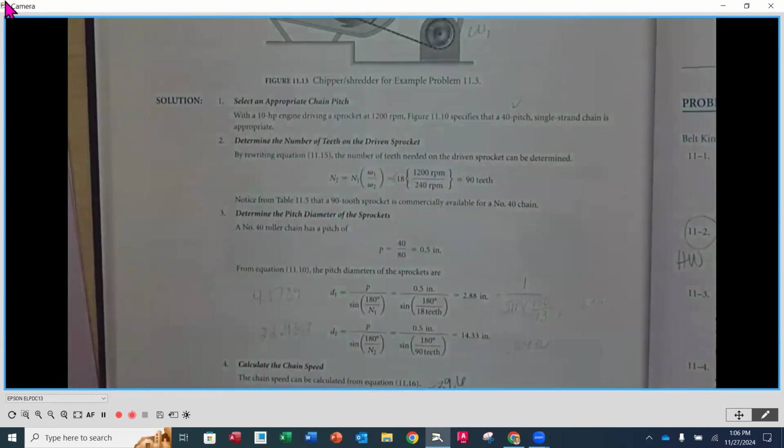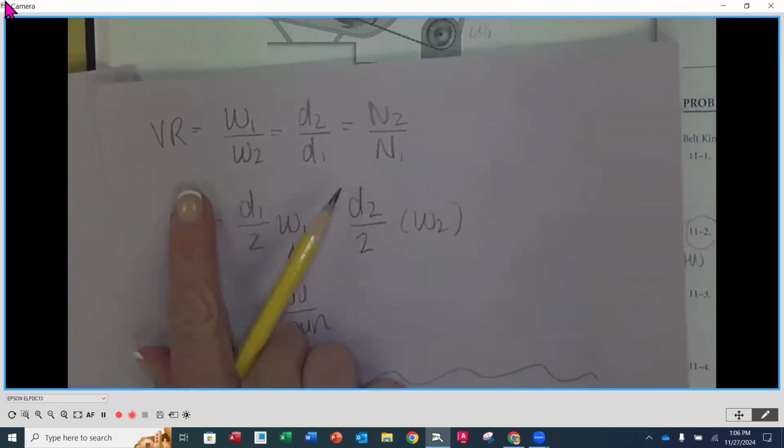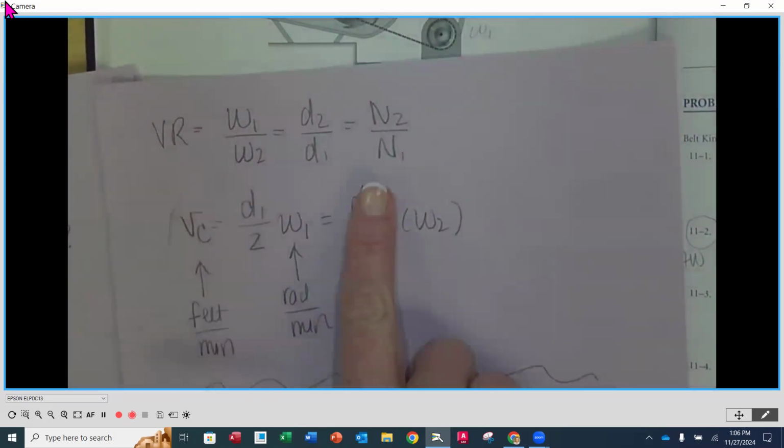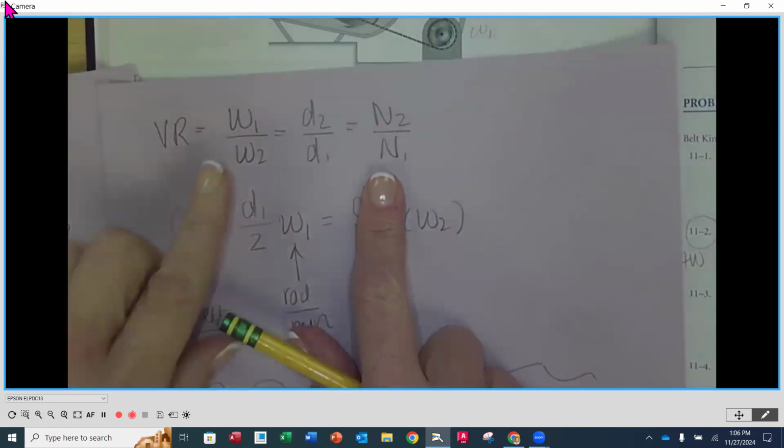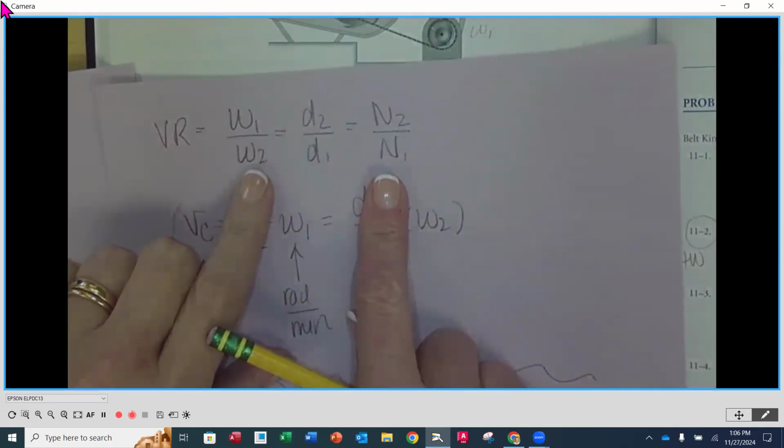Now, the next thing they want us to do is determine the number of teeth on our driven sprocket. If we look at our equation sheet, mine is on the back side here, I can use my velocity ratio, because if I know the angular velocities of each one of my sprockets, I can then calculate the number of teeth.